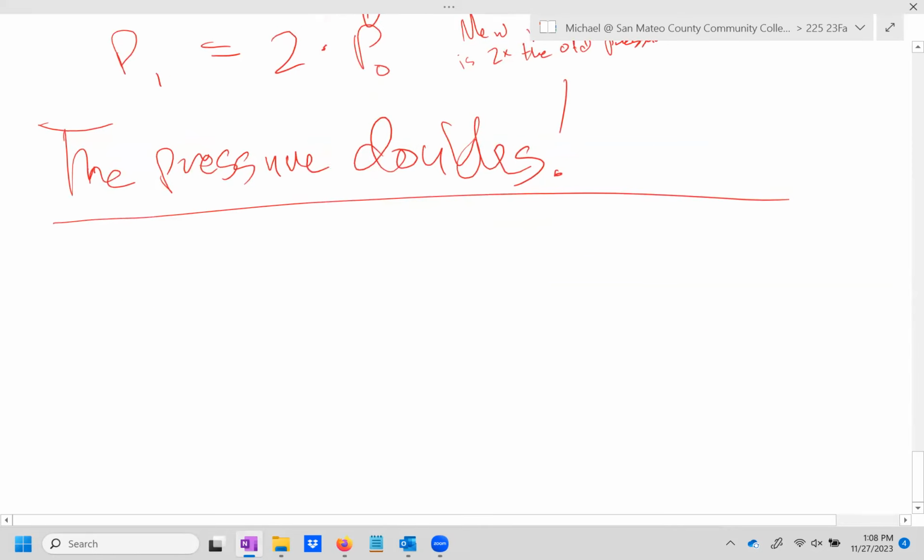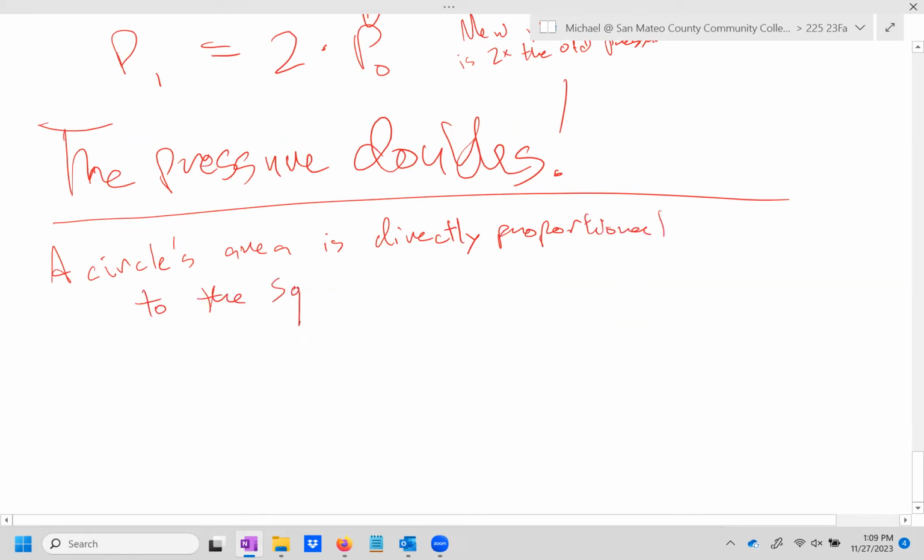Let's try another one. Ready? A circle's area, does anybody know, varies directly or inversely? Not varies. A circle's area is directly proportional to the square of its radius.